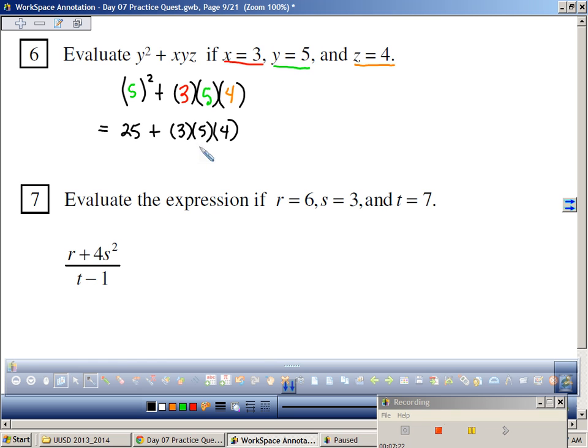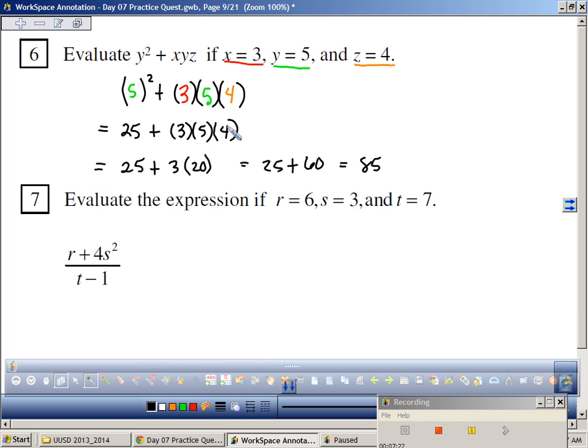What would you multiply first? I would multiply 5 times 4 first as well, because that's easier, right? So I have 25 plus 3 times 20, which is 25 plus 60, which is 85.